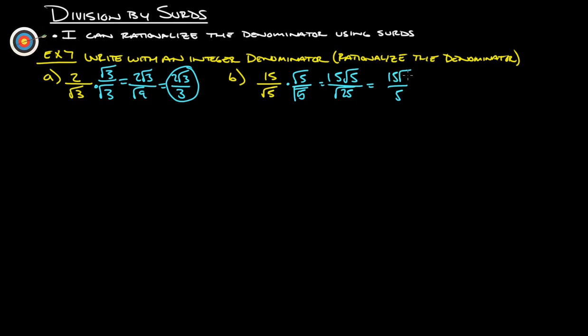So we have 15 root 5 over 5. Now 15 and 5 we can divide nicely. 15 divided by 5 is 3, so we just end up with 3 root 5.